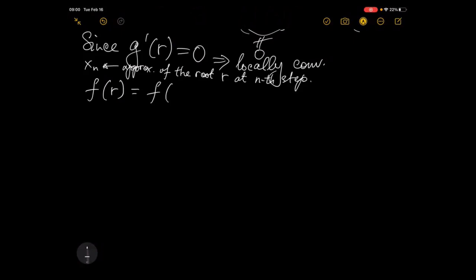Then f(r) is f(x_n) plus (r minus x_n) f'(x_n) plus f''(c_n)/2 (r minus x_n) squared, with c_n just a remainder term.